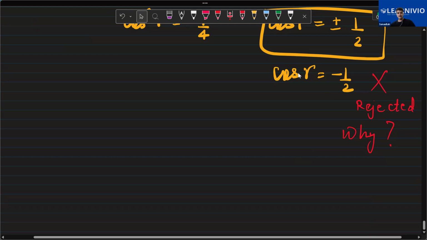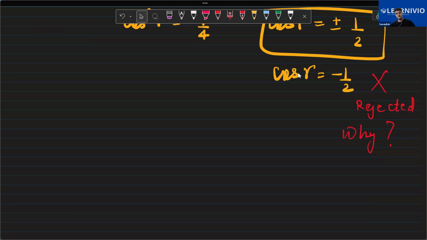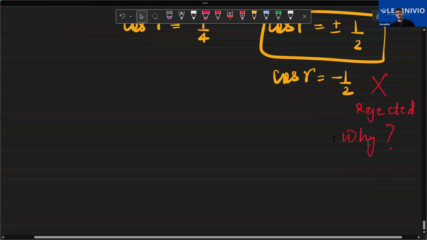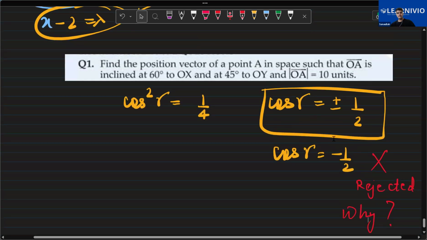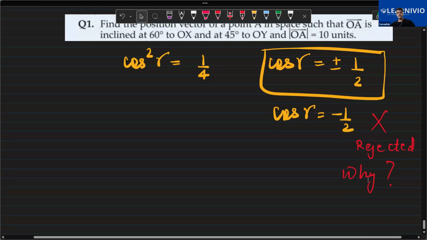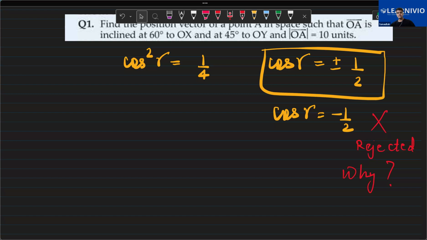You know that cos gamma can be a negative quantity. Its range is from minus 1 to 1. So it can be negative. Why have we rejected this part here? You know why? Shamun, do you know? Now Shamun will type.